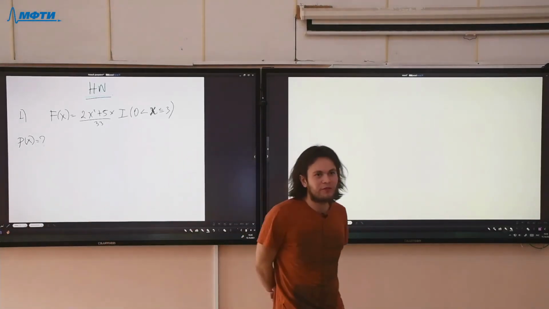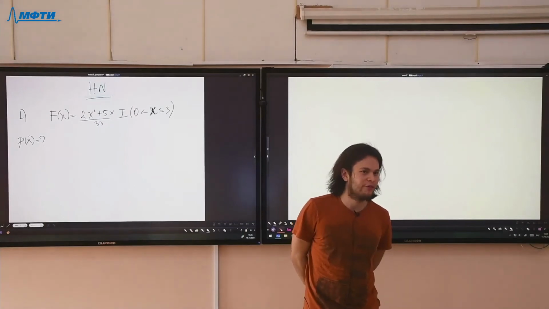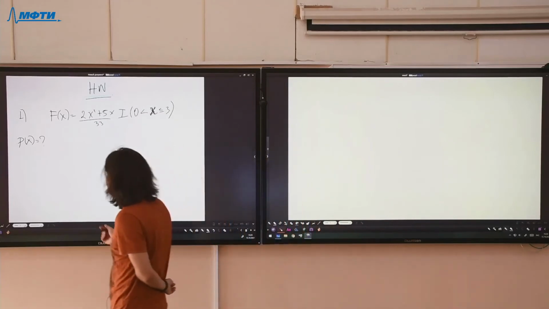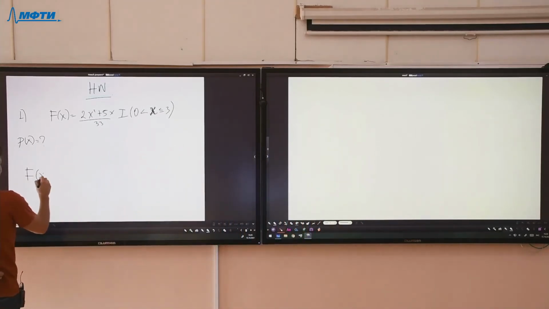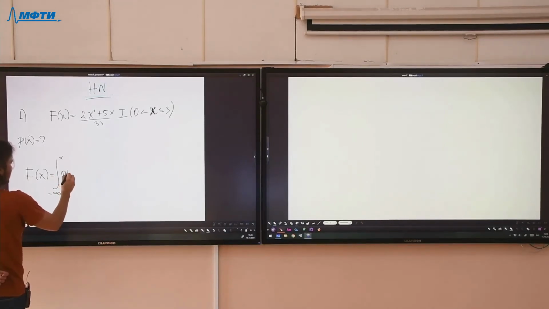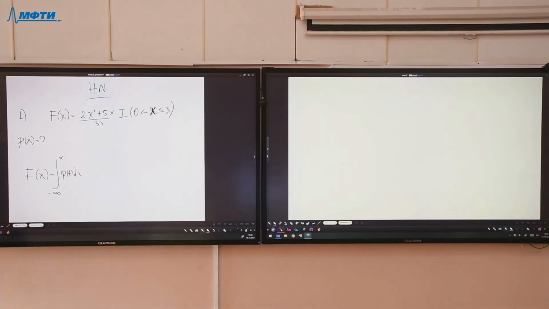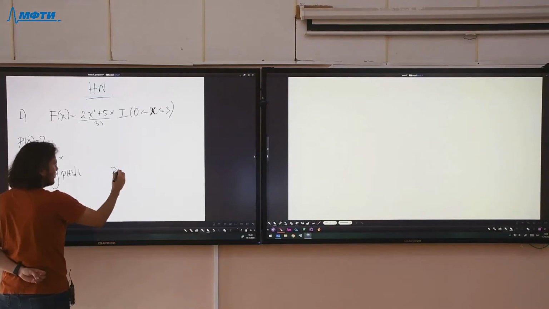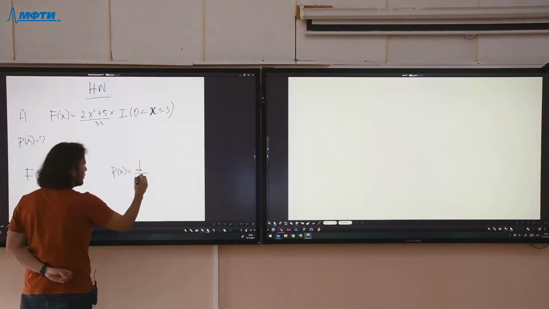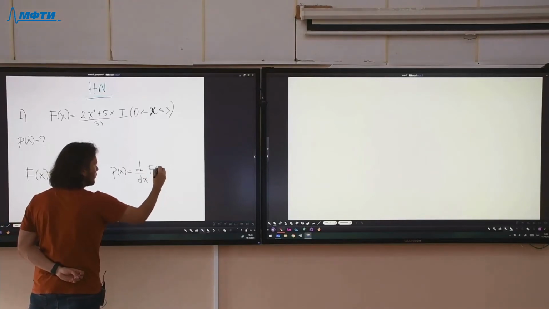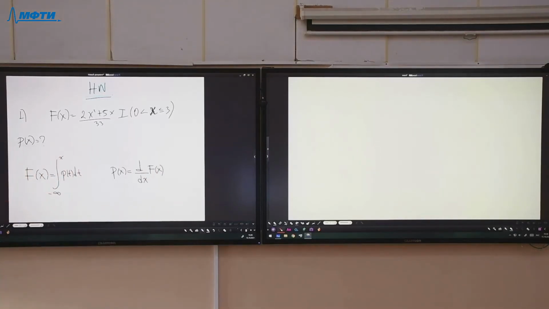How do we find the PDF if we know the CDF? So just the definition, right? What is the CDF? The integral from minus infinity to x, right? This is the definition of the CDF. If the CDF is differentiable, then all that we need to do is this, right?